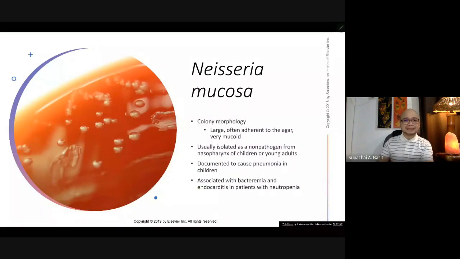And then another one is Neisseria mucosa. Ito naman is consisting of large, most of the time adherent to the agar and very mucoid colonies. So malalaking colonies, very adherent to the agar, and usually isolated as a non-pathogen from the nasopharynx of children or young adults. But it is also documented to cause pneumonia in children. And it is associated with bacteremia and endocarditis in patients with neutropenia.